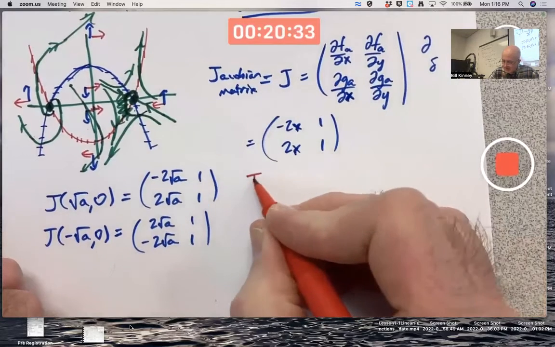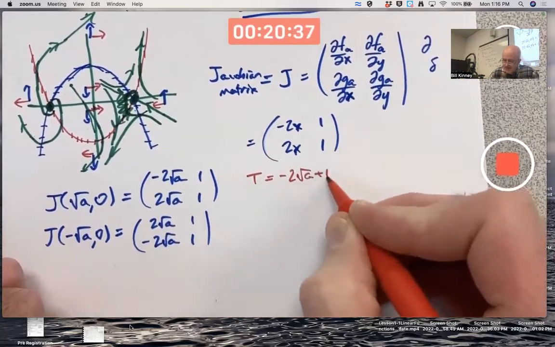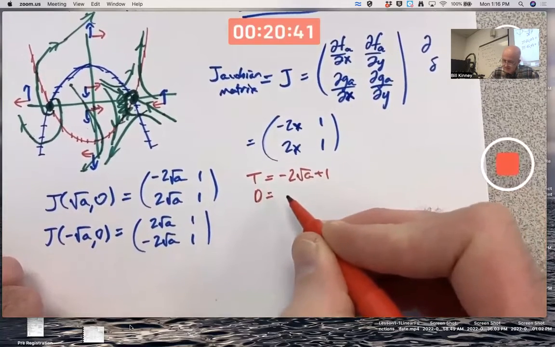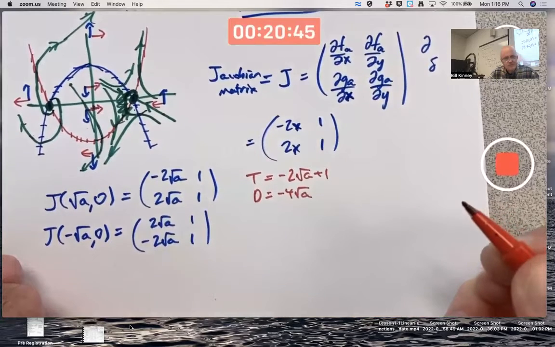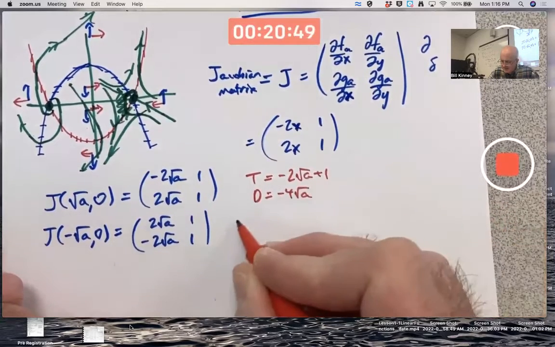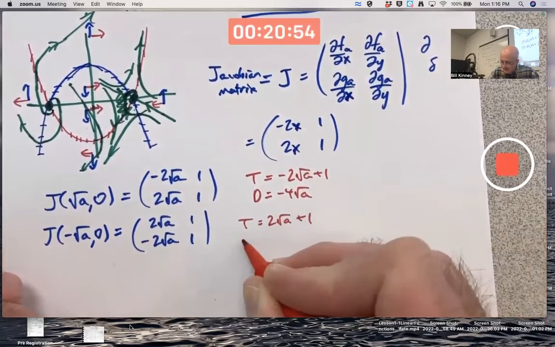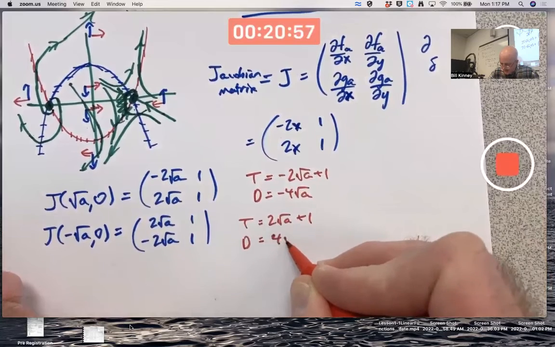This matrix has a trace of negative 2 root a plus 1 and a determinant of, looks like it would be minus 4 root a. Right, double check that in your head. This one has a trace of plus 2 root a plus 1 and a determinant of positive 4 root a.